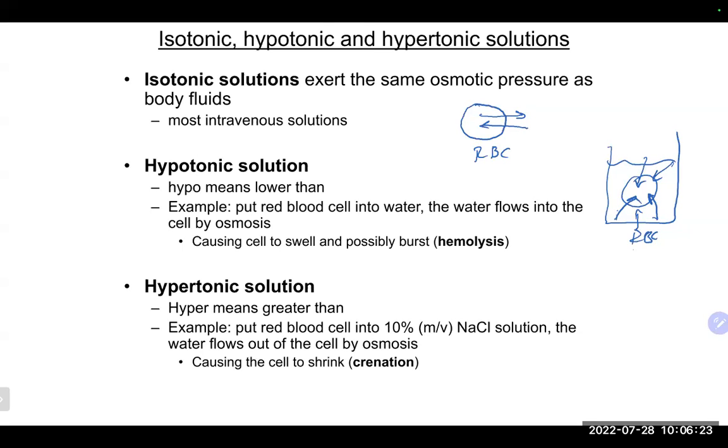Hyper means more than. So that means, for example, if we use our red blood cell example, outside of the cell is actually more concentrated than inside of the cell. So what's going to happen to our red blood cell in this particular situation is through osmosis, it's going to decide that outside of the cell is more concentrated than inside. We want to dilute down everything that's outside of the cell.